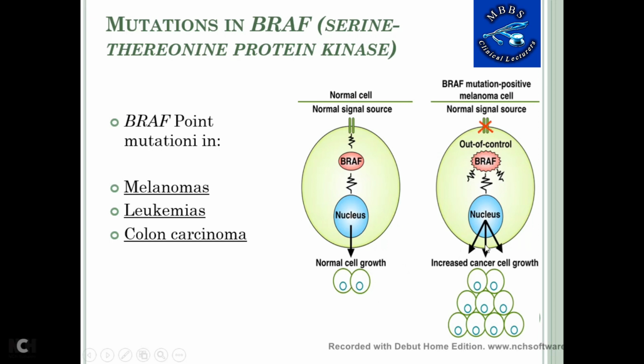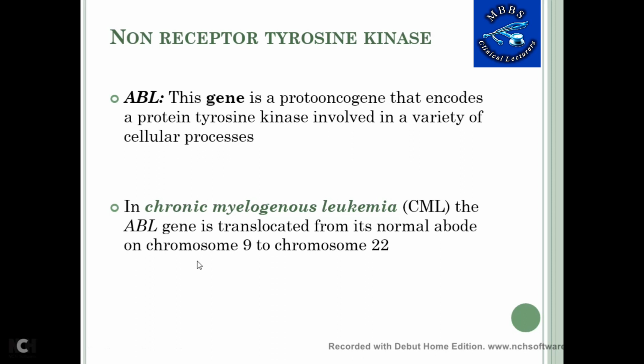When it gets out of control, instead of formation of two daughter nuclei, they form multiple daughter nuclei, and this is how a tumor grows in size. So BRAF point mutations are commonly seen in melanomas, leukemias, and colon carcinomas.